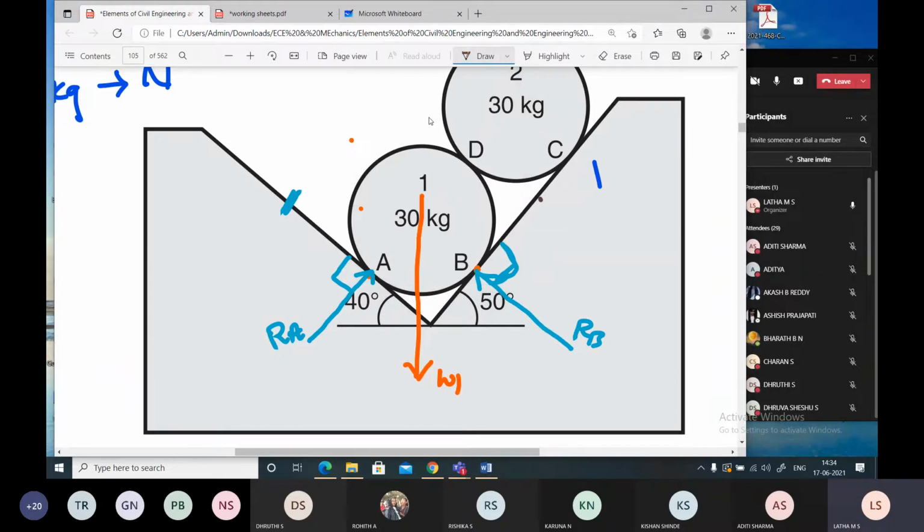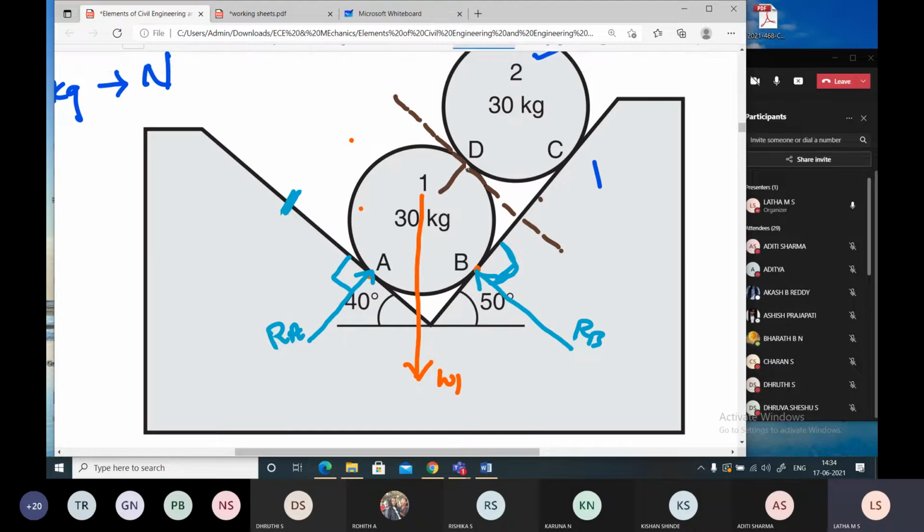No, students. When there is a point of contact, there is an imaginary plane for which you should drop a perpendicular in any direction, which is called RD.